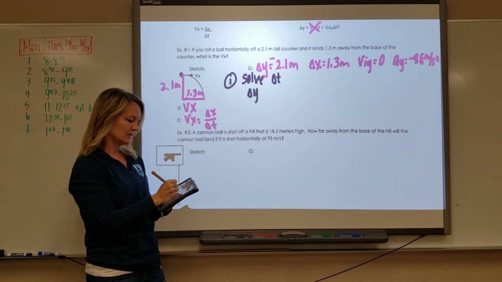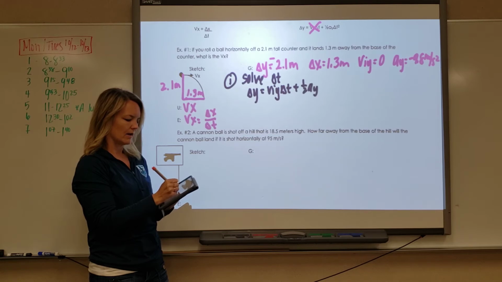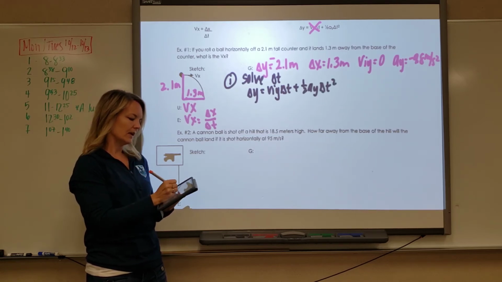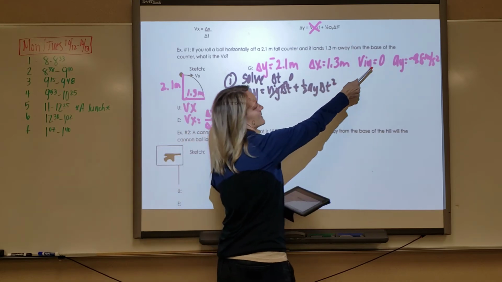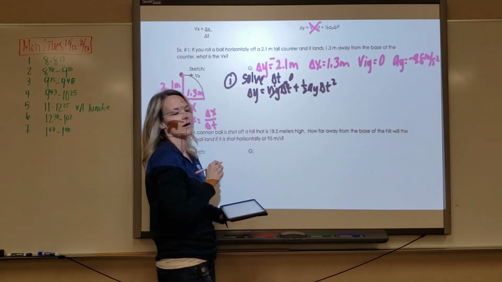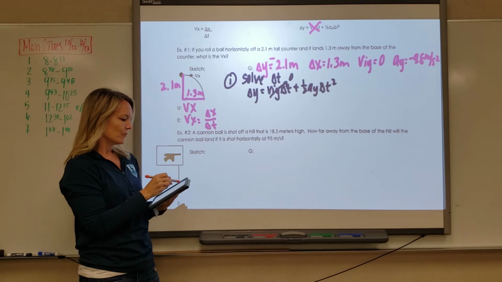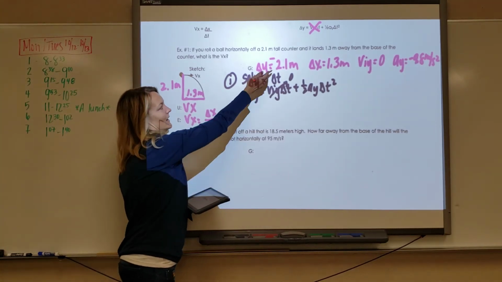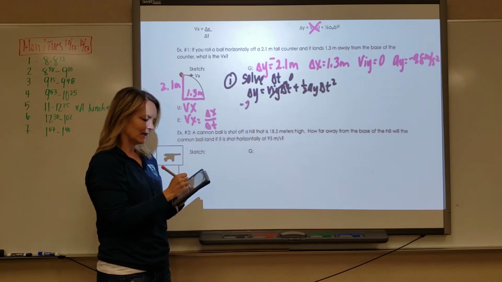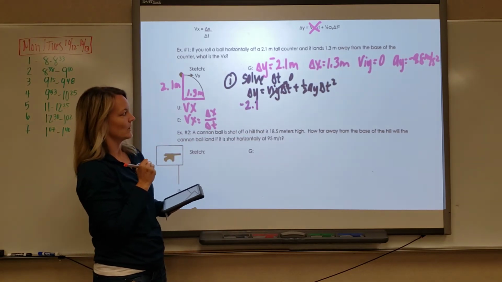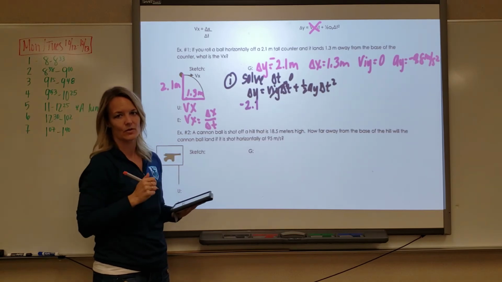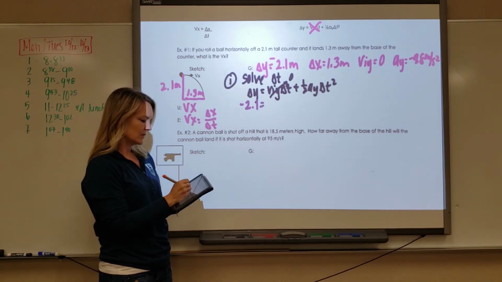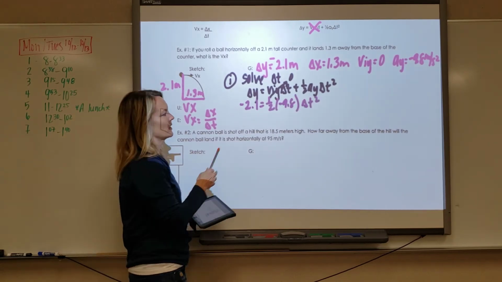So here's my equation, delta y equals VIY delta t plus 1/2 ay delta t squared. The VIY is always equal to 0 for these problems, so this chunk automatically cancels out. From there, I am ready to plug in numbers. Delta y is 2.1. Technically, it's a negative 2.1 because it's falling downward, and that's just to cancel out a negative later. That is equal to 1/2 times negative 9.8 times t squared.